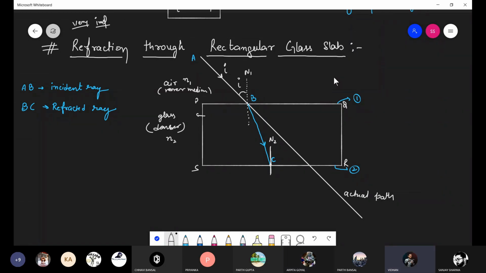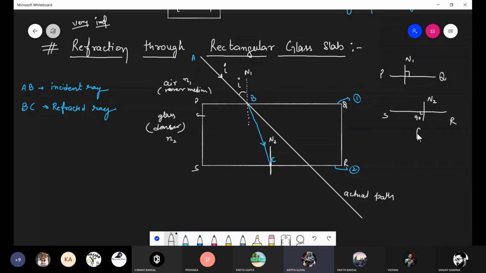Normal 1 and normal 2 make 90° on the surface. Normal 1 makes 90° on PQ, and on RS normal 2 also makes 90°.